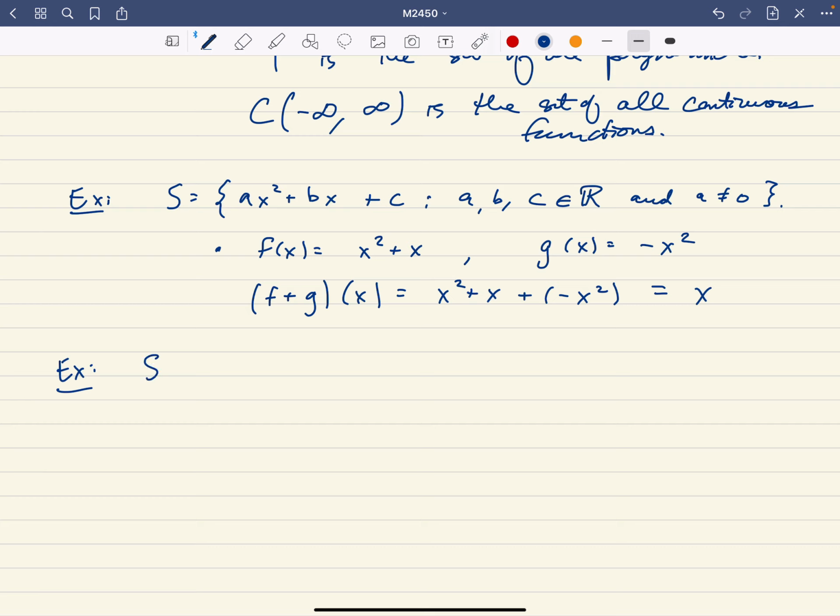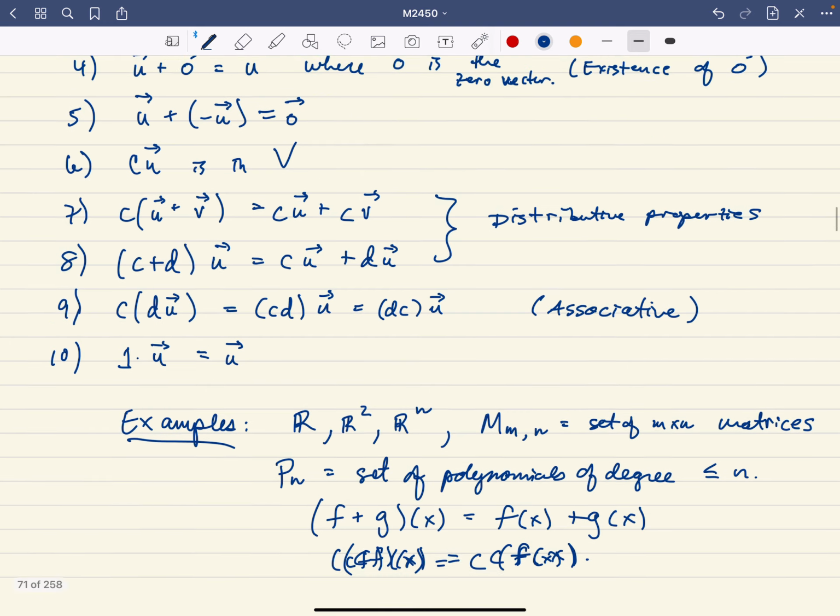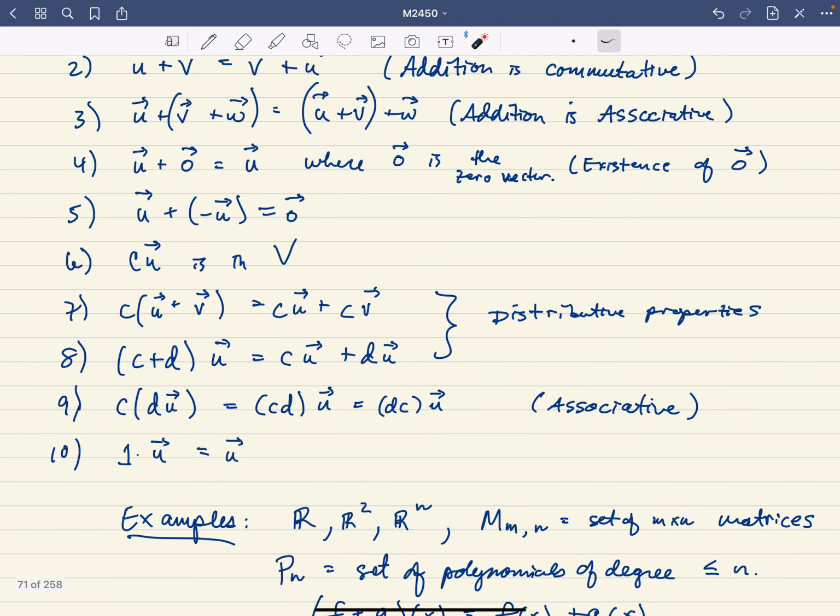One other example of sets that are not vector spaces is the set of integers. You could think of this as the positive and negative whole numbers and 0. 0 is not positive nor negative. And this is a set that's not closed under scalar multiplication. Remember that the rule, rule 6, says that if I take any scalar, any real number, and multiply by a vector, it should stay in that space.